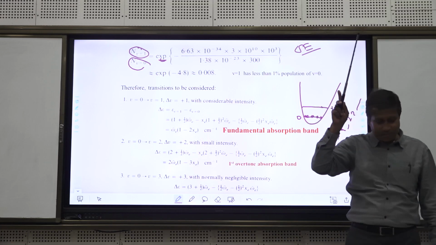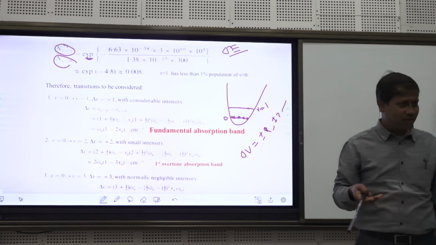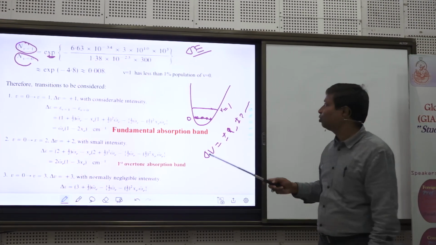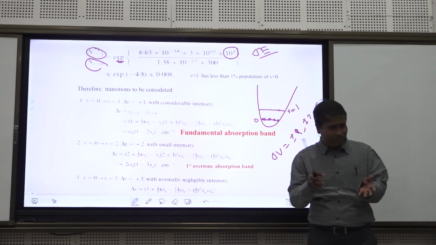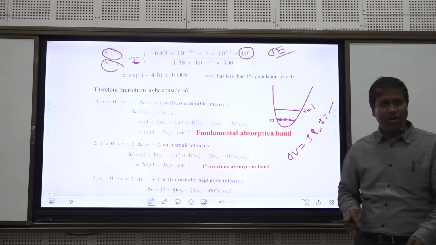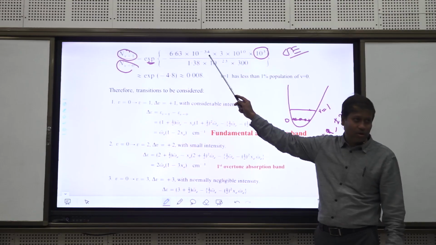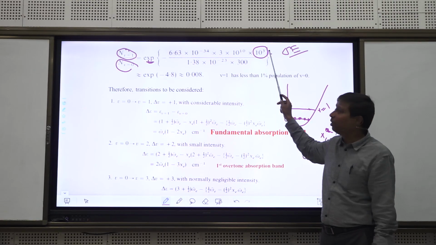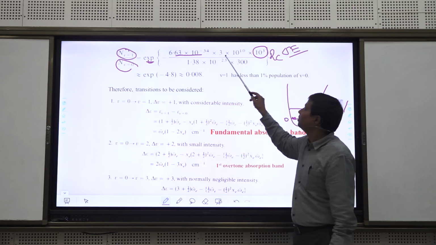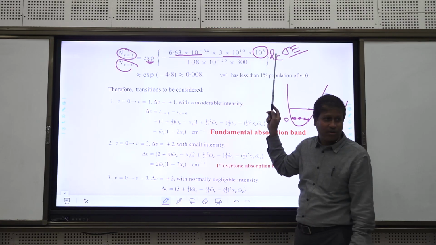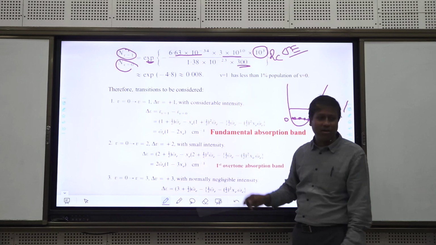If you think of the IR spectrum, it comes at 3000, 2000, 1500, 1000. So we take 1000 for general purposes. But here we have to use joules, and this is in wave number, so you have to multiply by hc. That is why so many numbers are there. And then kT, where T is room temperature.